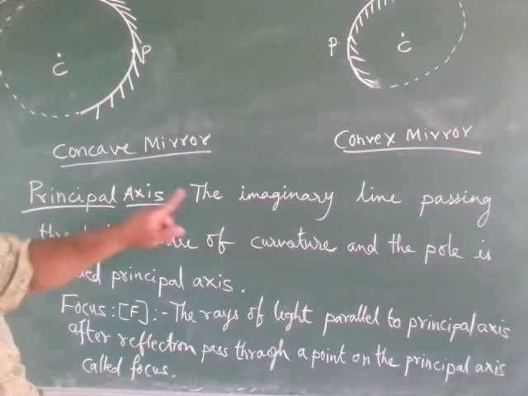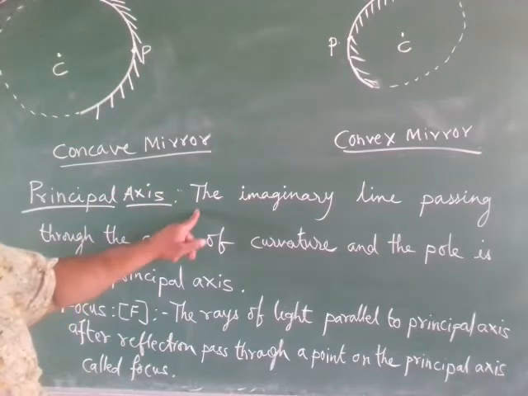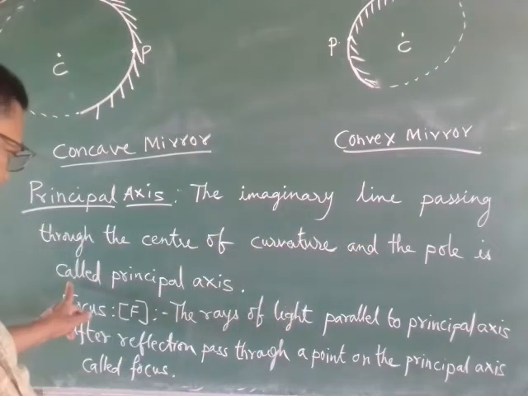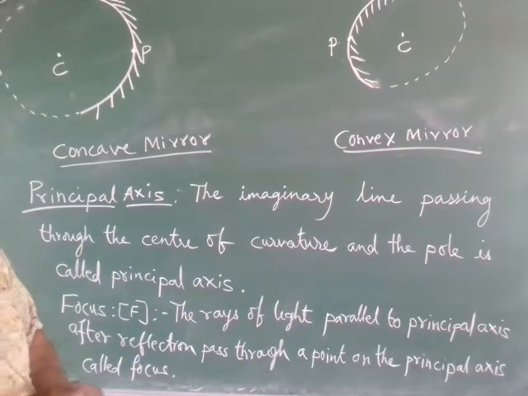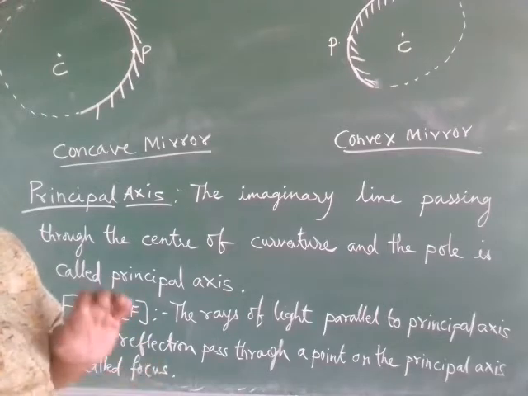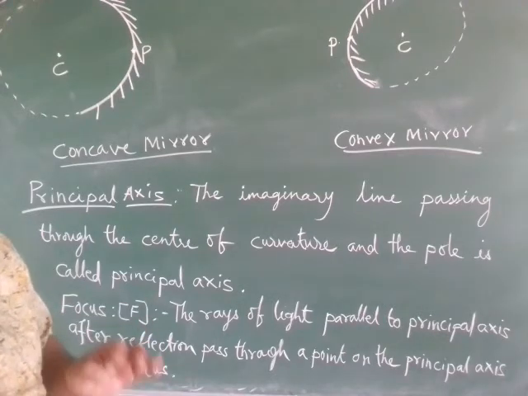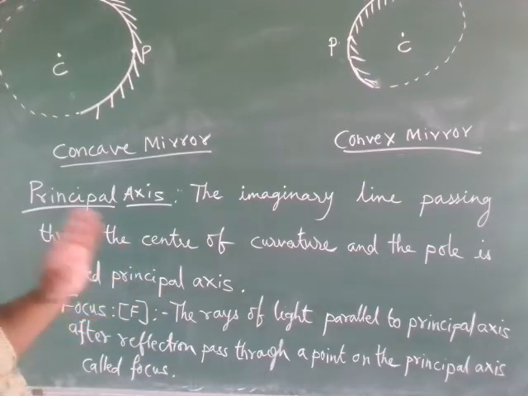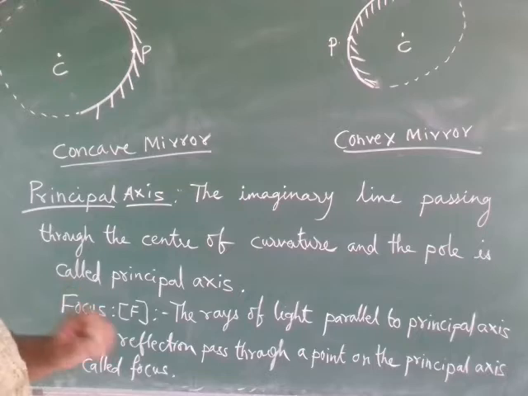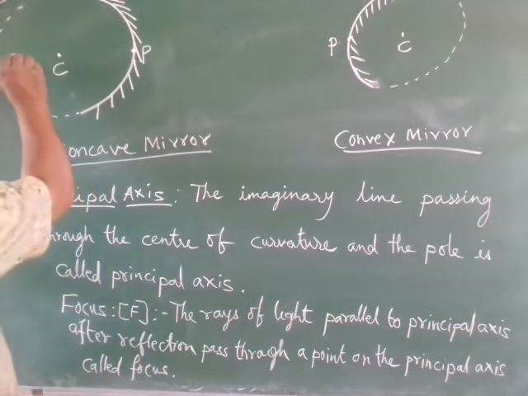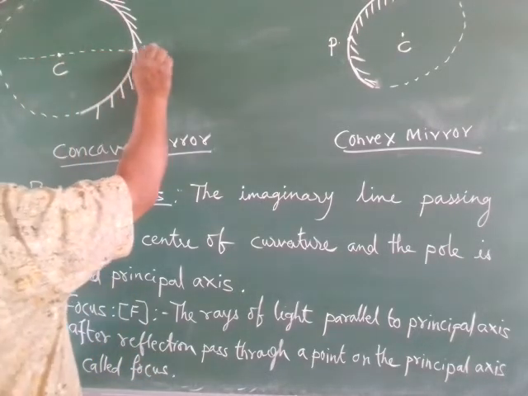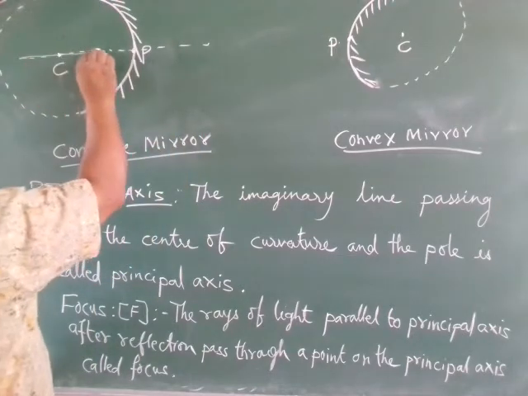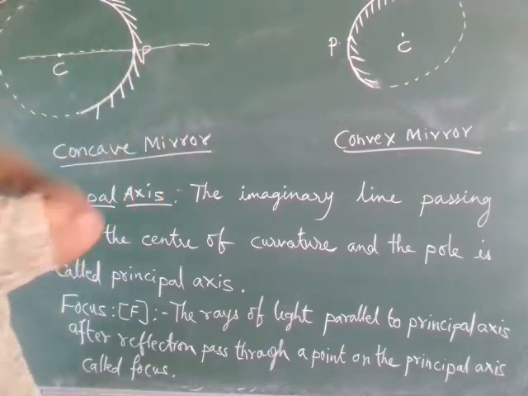The principal axis is the imaginary line passing through the center of curvature and the pole of the mirror. That line is called the principal axis.